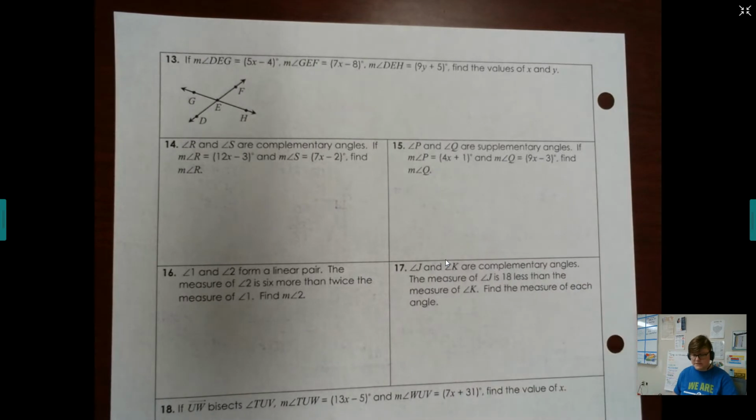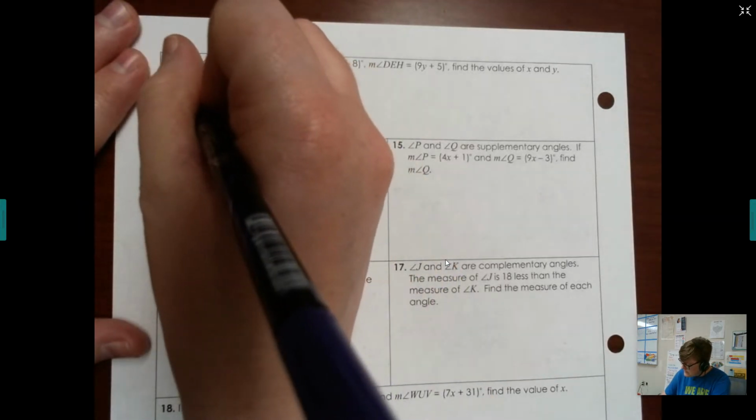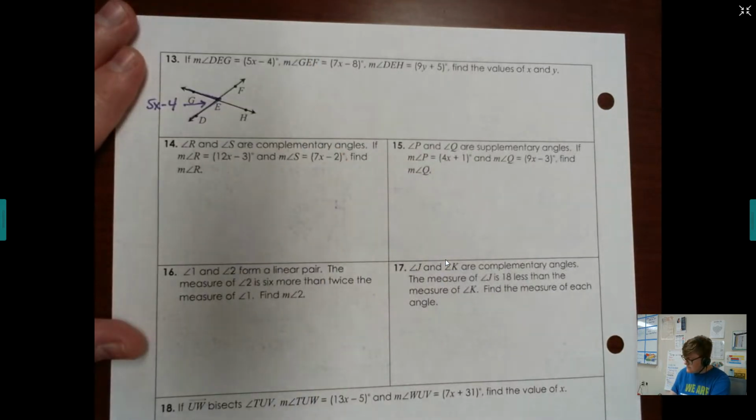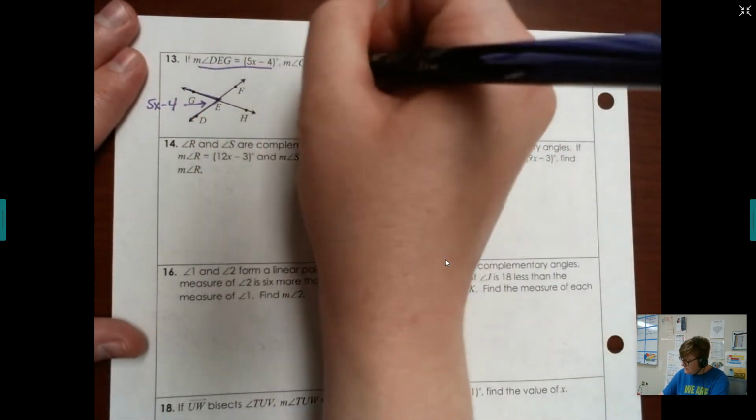Number 13, if the measure of angle DEG, so that's this one, is 5x minus 4. The measure of angle GEF is 7x minus 8.